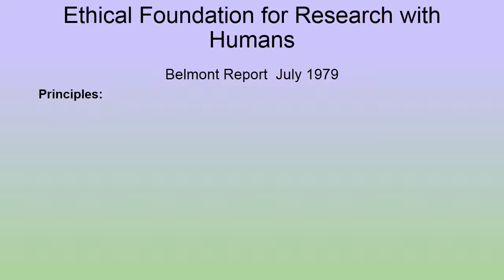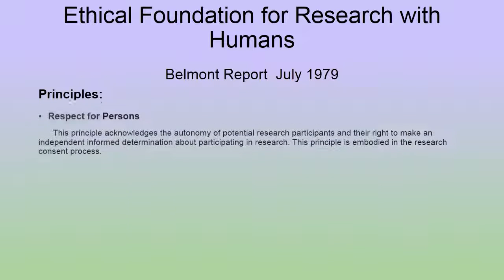The Belmont Report, commissioned by the U.S. President and completed in July of 1979, established a set of basic principles that could inform and guide research performed with humans. These include respect for persons, beneficence, and justice.